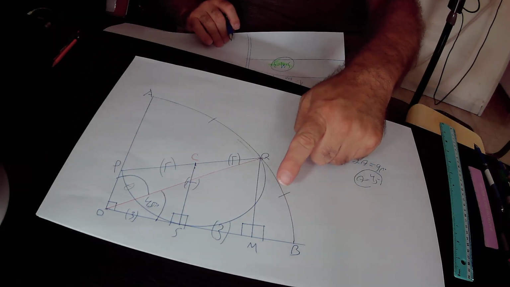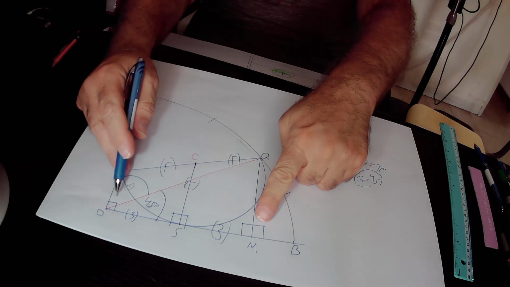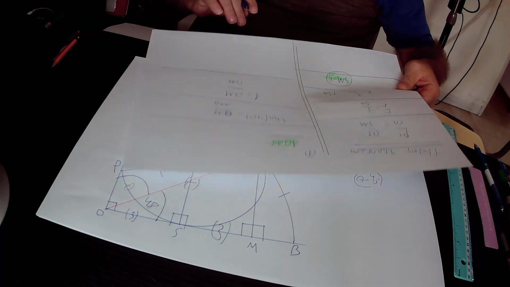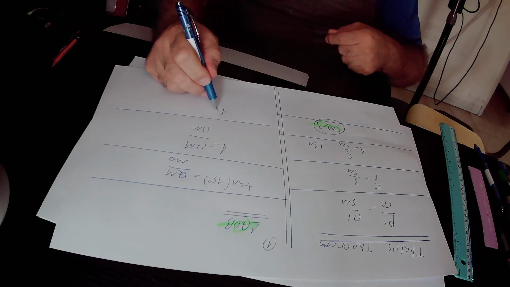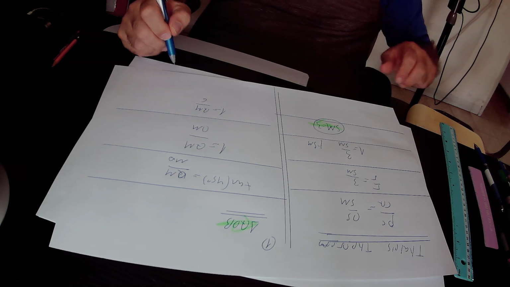QM is the missing side and OM equals 6. OM equals 3 plus 3, that is 6. So 1 equals QM, that is the missing side, over OM, that is 6.